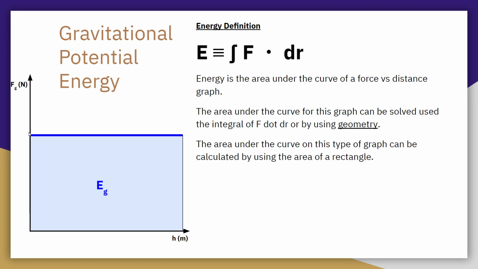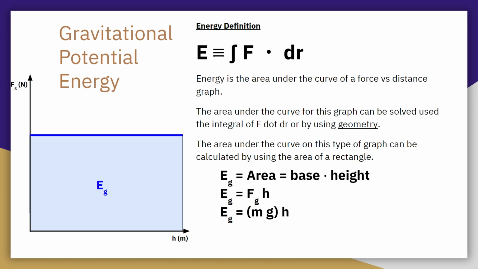The change in the force of gravity would be negligible, so we can essentially see this perfectly horizontal line for our force of gravity versus the horizontal position graph, which would be the height here. So we can solve for this using geometry or calculus. The geometric approach is the area of a rectangle. The base here would actually be the height, and the height would actually be the force of gravity.